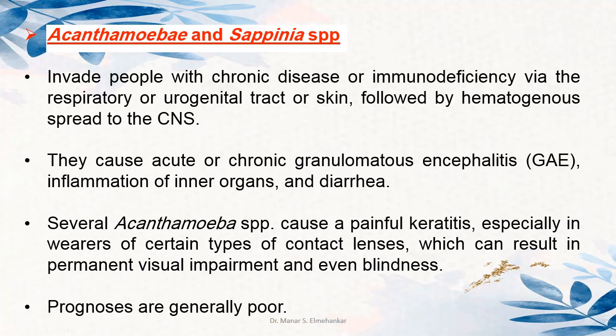Several forms of Acanthamoeba cause painful keratitis, especially in wearers of certain types of contact lenses, which can result in permanent visual impairment and even blindness. The prognoses are generally poor.